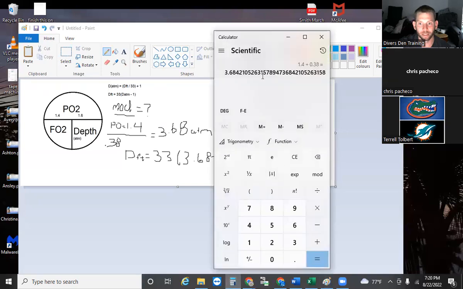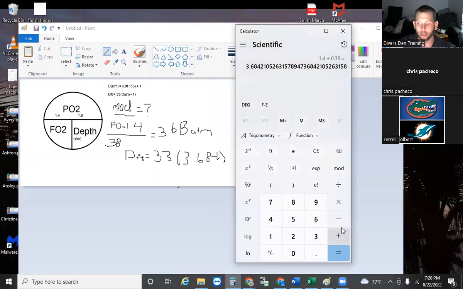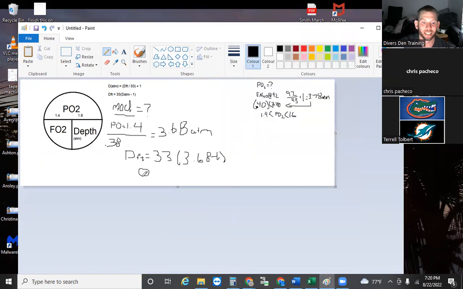I'll subtract 1 from that and multiply that by 33, and that means 88.6 feet. I'd probably round that out to a nice 88 feet or 85 feet, because that's more operationally sound. That is my MOD. Does that make sense? Sounds nice and easy.